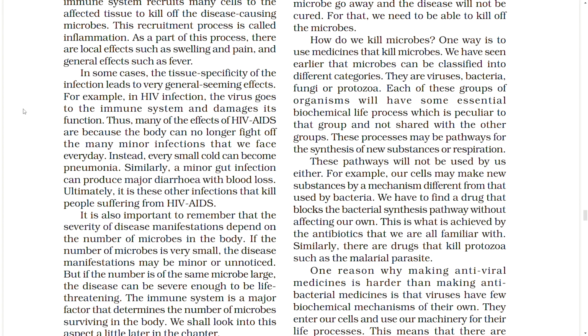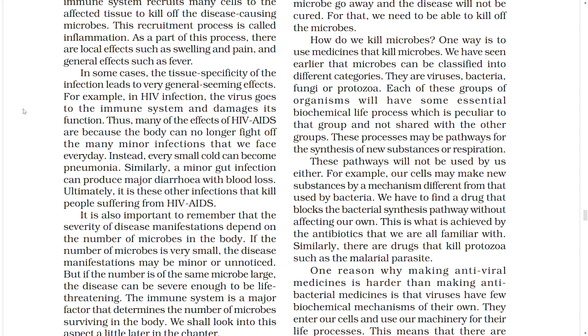In some cases, the tissue specificity of the infection leads to very general seeming effects. For example, in HIV infection, the virus goes to the immune system and damages its function. Thus, many of the effects of HIV/AIDS are because the body can no longer fight off the many minor infections that we face every day.